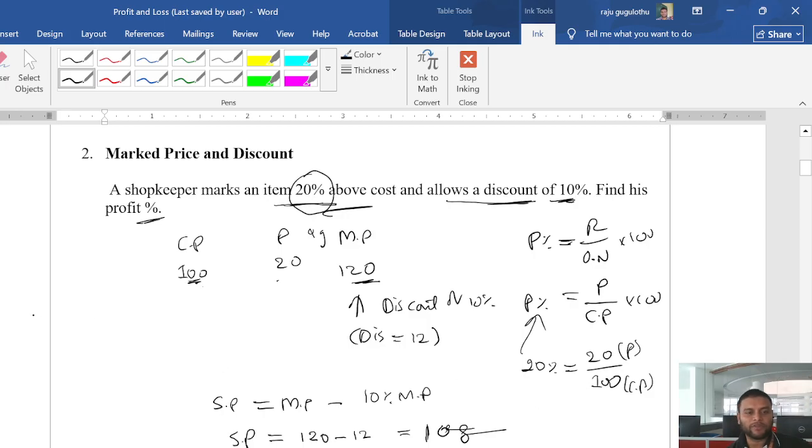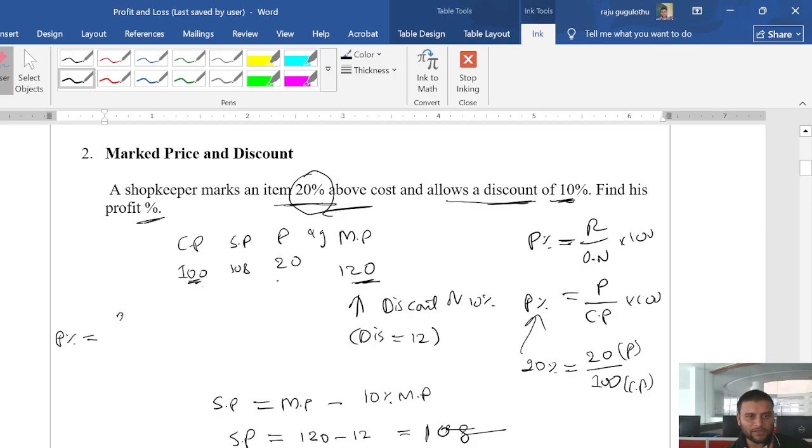Okay, now we have to find profit percentage. How much profit is he earning, guys? 100 rupees is the cost price. Selling price is 108 rupees. Then he is earning 8 rupees as the profit.